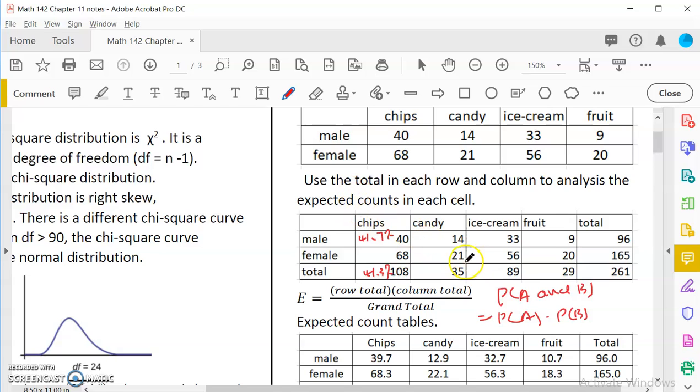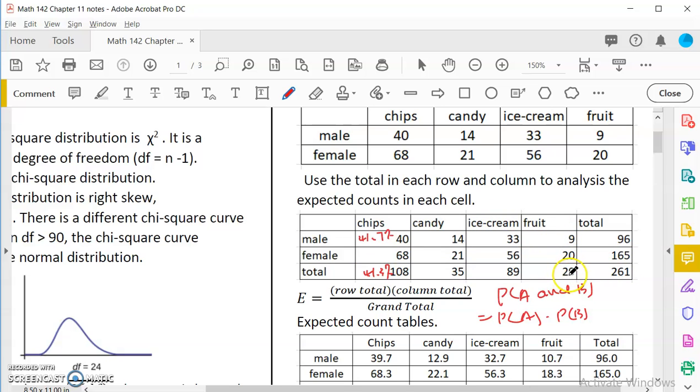Now, that's what we say for a particular A and B. What if I actually want to study all of them together? Is every single one dependent or independent? So maybe this is not dependent, but maybe fruit is.